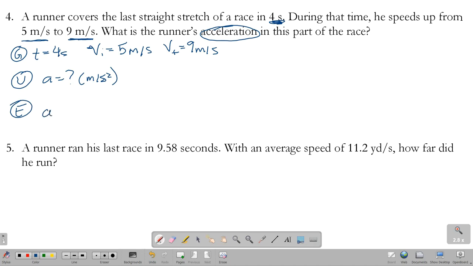So we'll use our equation for acceleration, change in speed, or VF, the final speed minus the initial, divided by the change in time.